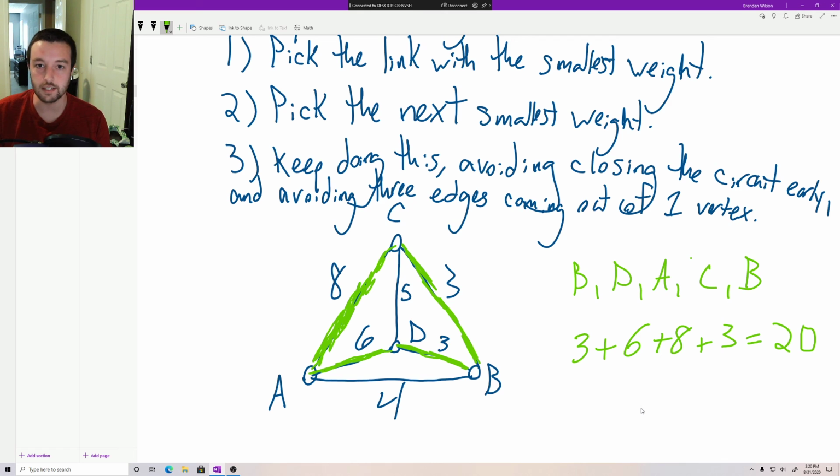And with computers, it's easy to brute force it because the computer can easily deal with millions of different data points at one time. So you could just have it find the millions of Hamiltonian paths that you need and then find all the weights and then just take the smallest one. So it's a lot easier to do with computers. By hand, we're limited to really doing it with like 4 vertices or less, which isn't very many, right?